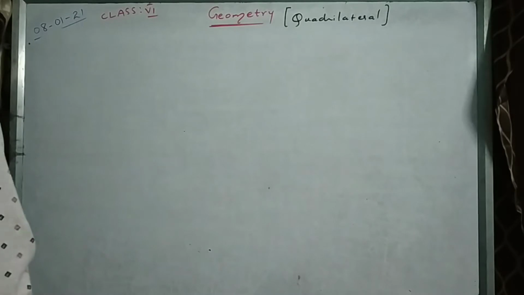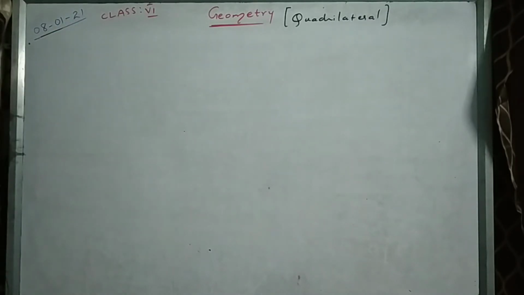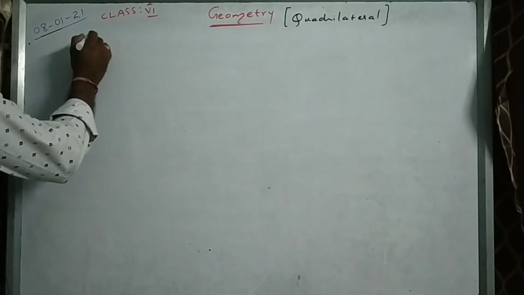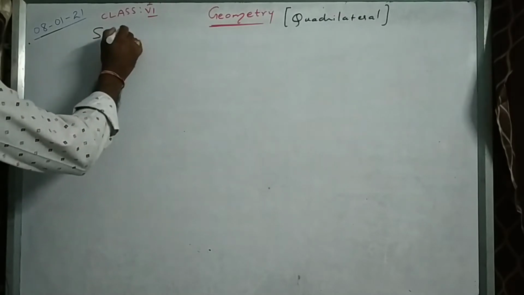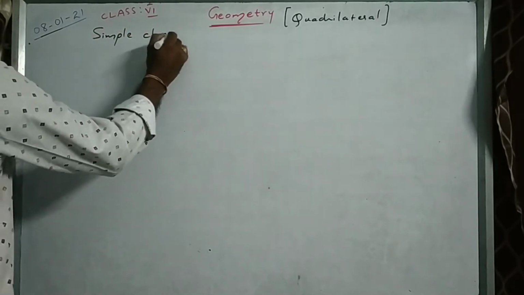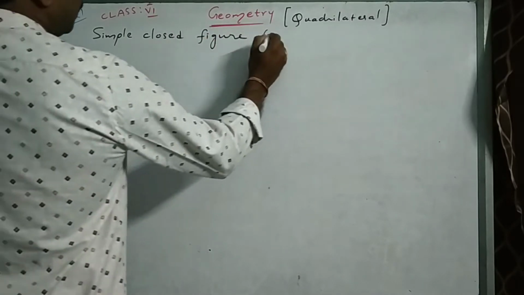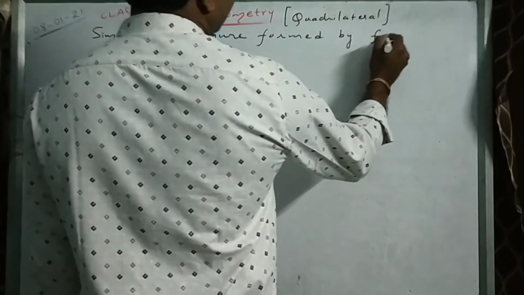What is a quadrilateral? Triangle means a closed figure formed by three line segments, right? Quadrilateral means a simple closed figure formed by four line segments.